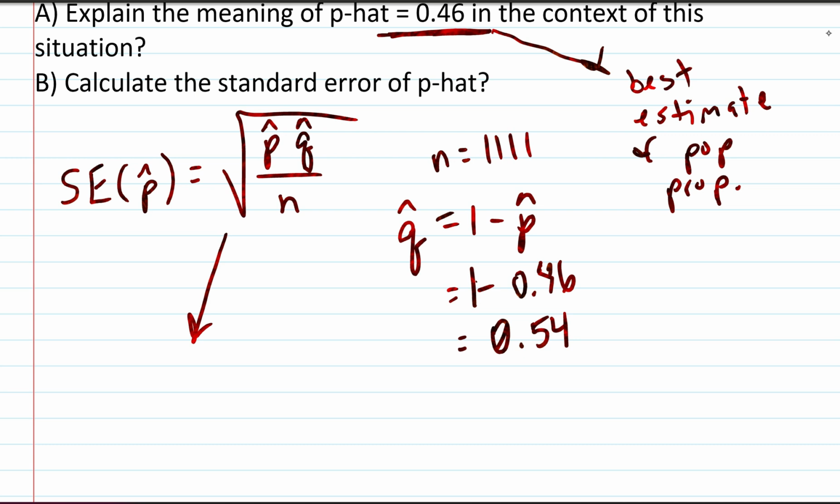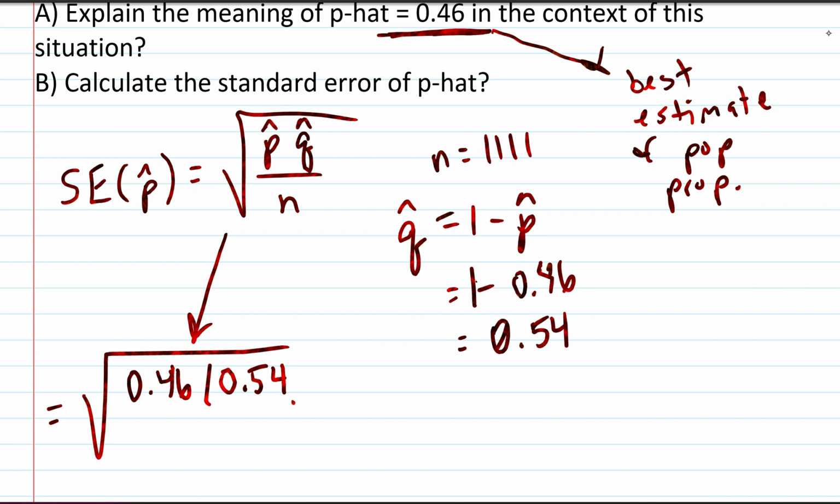So we'll have the square root of 0.46, and that's going to be multiplied times 0.54. Okay. And then that's all divided by our n value of 1,111. Okay, and then we get, by crunching the numbers in the calculator, 0.015.